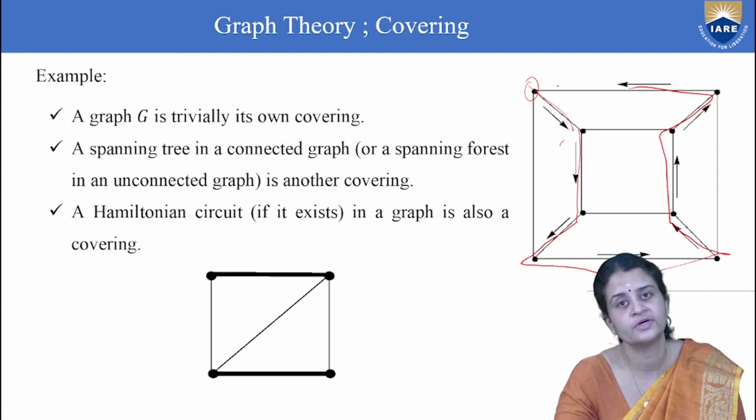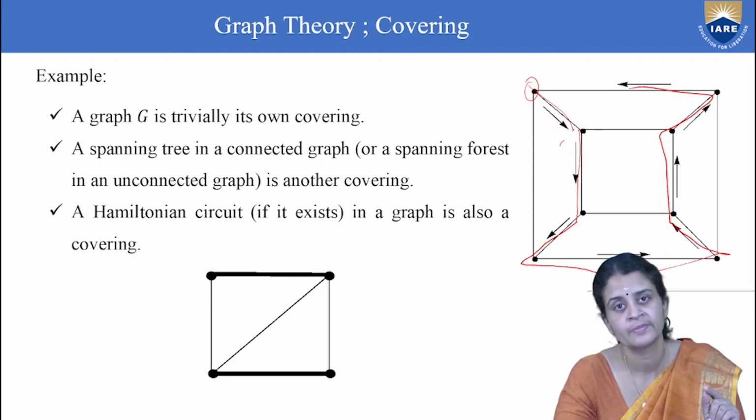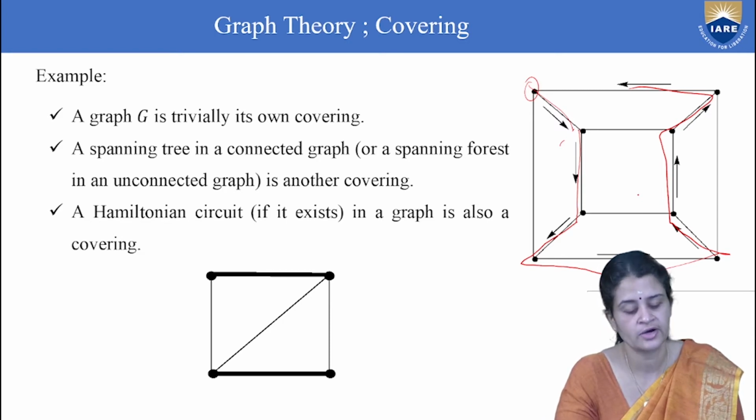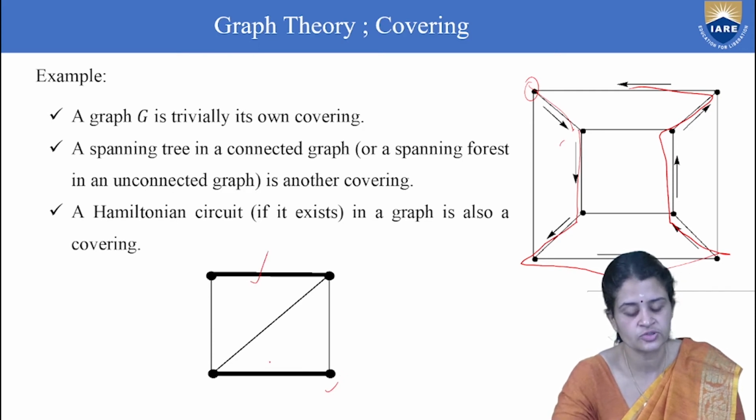We go through all the vertices, so that every vertex is incident with at least one edge in it; it's an endpoint of at least one edge. So a Hamiltonian circuit of a graph, if it exists, is also a covering. Now consider this graph. These edges, if I am taking these two edges, what are the endpoints?